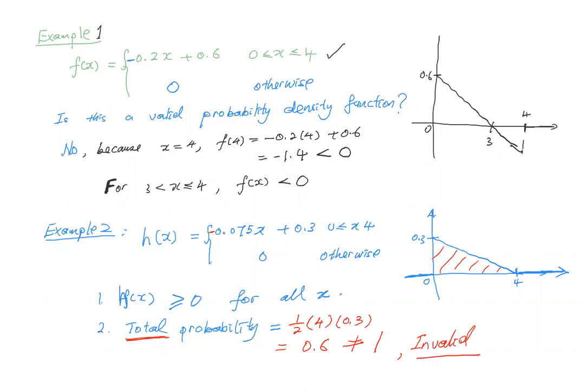So the next one, I'm going to give you a valid one. Then I'm going to teach you how to use this to find mean, mode, median, and so on and so forth. Okay, third one.